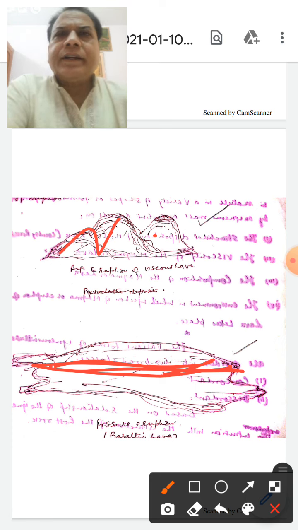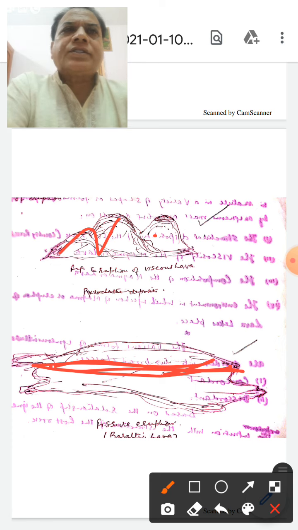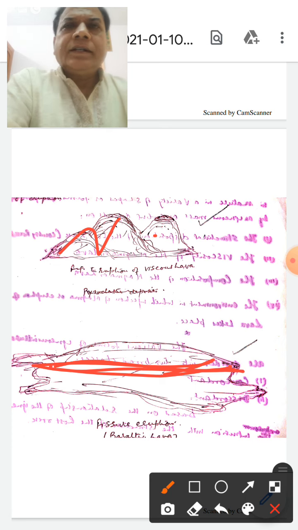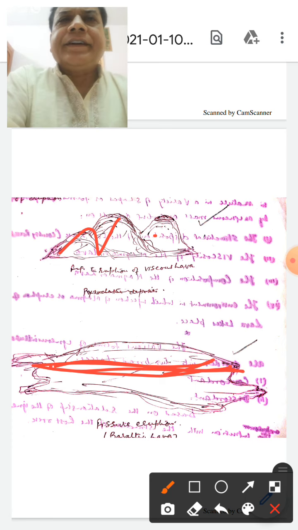The concordant bodies are those that run parallel to the bedding or structures of the country rocks, whereas discordant bodies cut across the bedding or other structures of the pre-existing rocks of the country. The intrusive bodies may thus be classified into two, concordant and discordant. Now again, concordant in folded region and concordant in unfolded region.